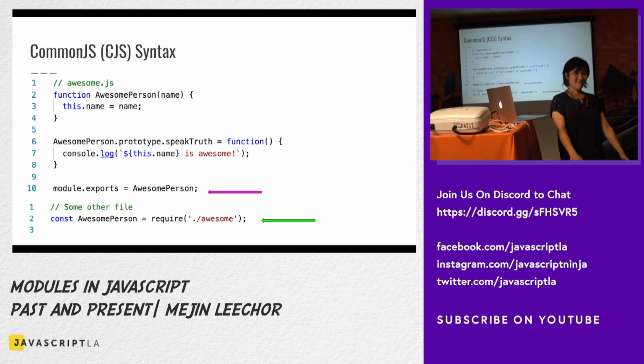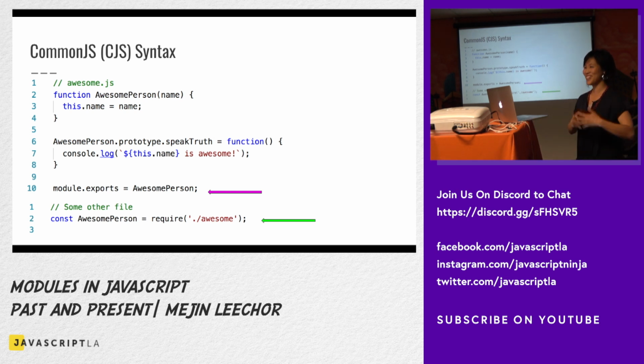You might be working in Node already, but if you're not, and if you're not hanging out in CJS regularly, we'll have a quick look at the syntax. We've got an awesome.js file here, and we are exporting as its module interface this awesome person function that says so-and-so is awesome.